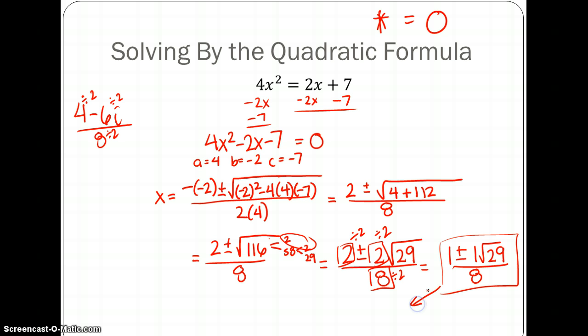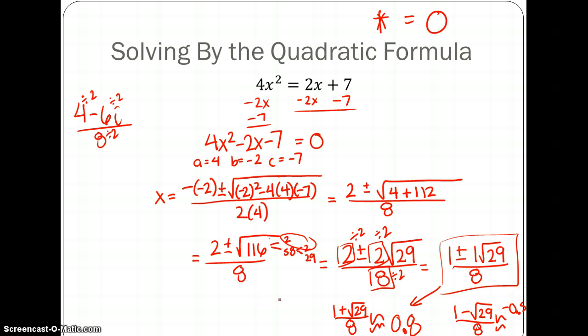If you wanted approximations, you'd take 1 plus the square root of 29, divide that answer by 8, and you'd take 1 minus the square root of 29 and divide that answer by 8 to get your approximations, which would be about 0.8 if you type that into your calculator, and about negative 0.5. Really close to those numbers.